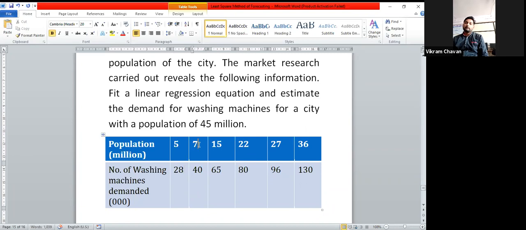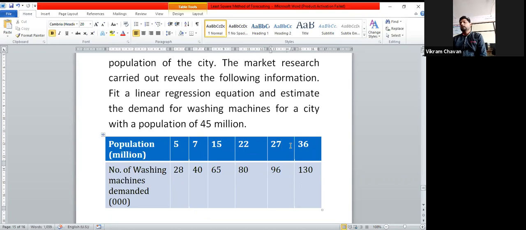When the population is 7 million, the demand is 40,000. When the population is 15 million, the demand is 65,000. When the population is 22 million, the demand is 80,000.